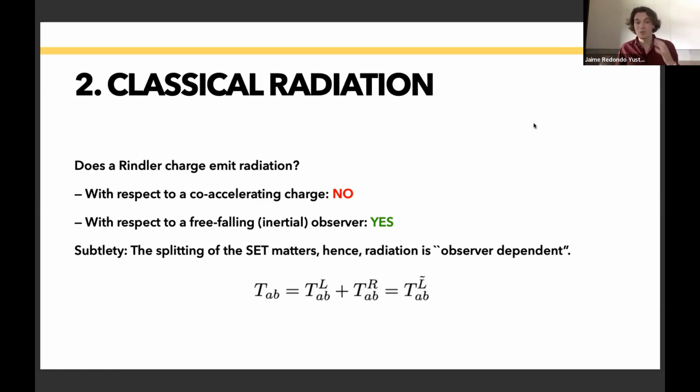And in any given situation, if one wants to do this splitting and define what is the local field and what is the radiation field, one needs to introduce some additional structure, be it an observer or be it again an asymptotic structure. What is interesting to me is that this shares some similarities with the definition of a particle in QFT in curved spacetimes.